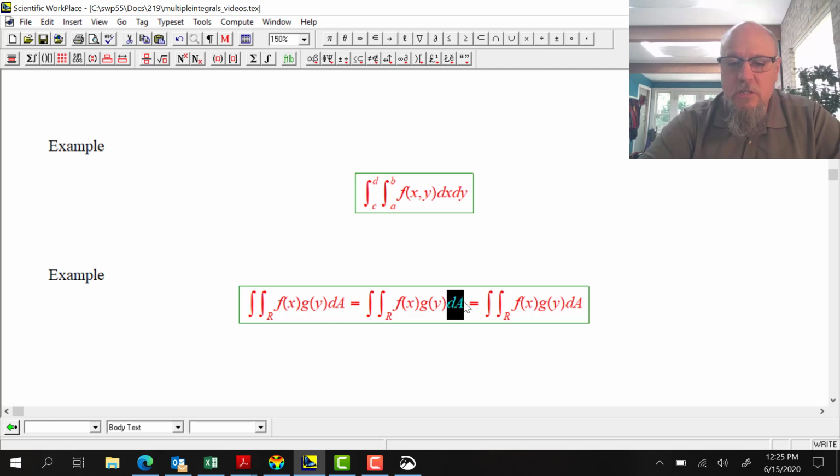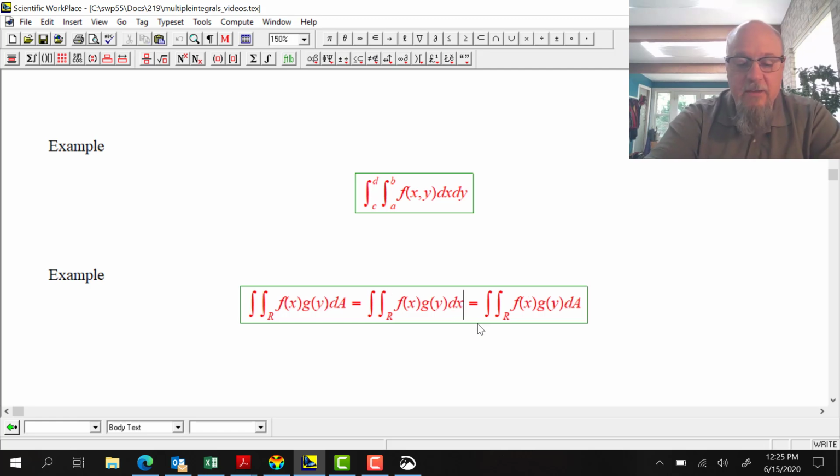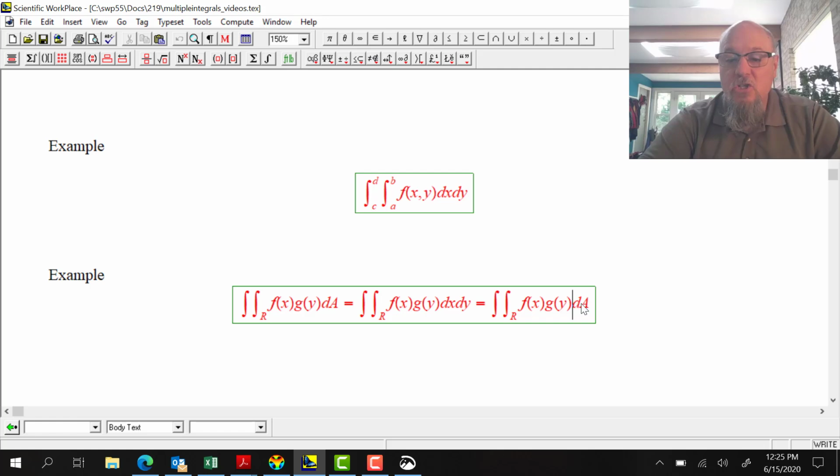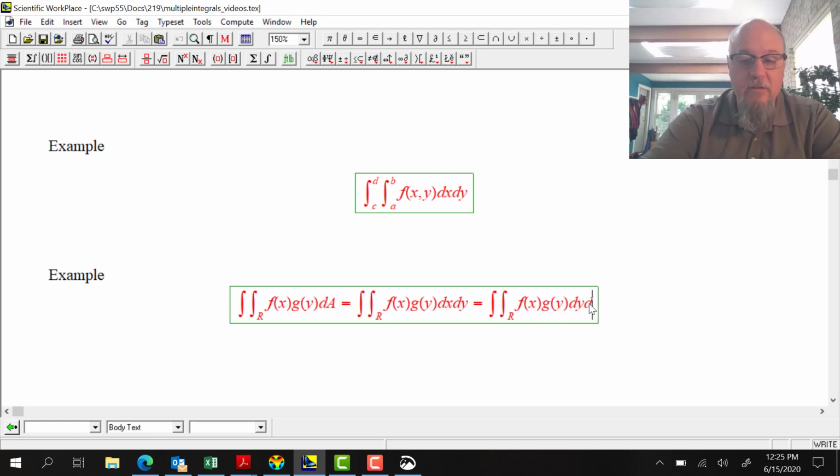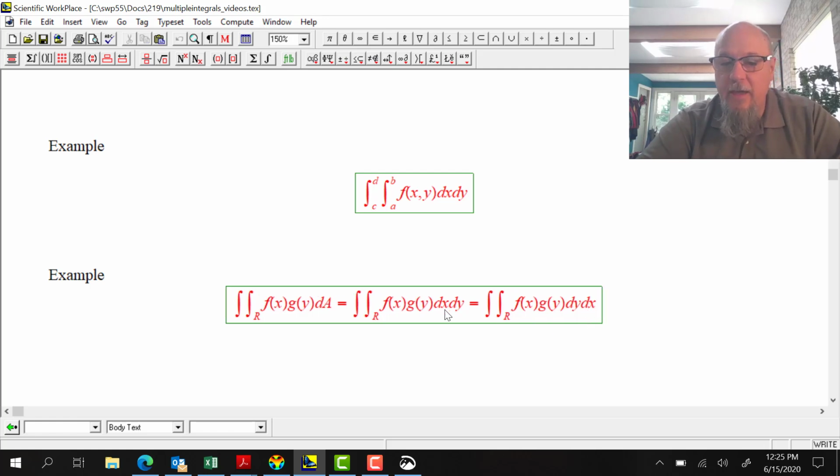I can choose to write the dA as a dx dy, or I can choose to write the dA as a dy dx. If I choose x first, I'm going to be integrating with respect to x over this region. We don't know what the region is yet, but I know that I'm integrating with respect to x first. So this g of y, that's just a constant. So I could, if I want, bring that outside the integral.